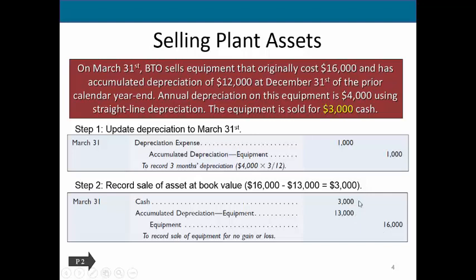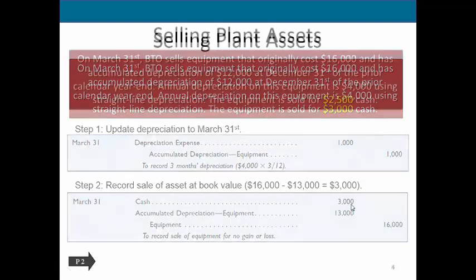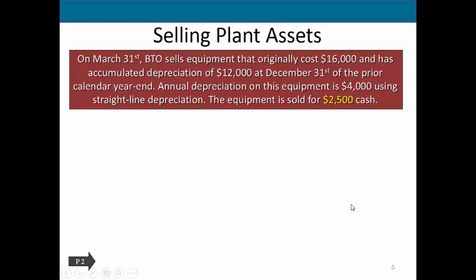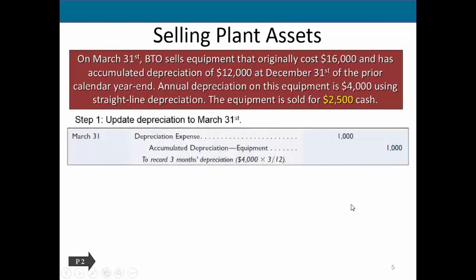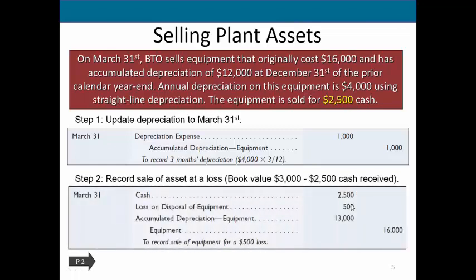So when we got cash of $3,000, we were paid exactly the amount of value that was left, so there was no gain or loss. But if we get less than $3,000, that means that we are getting less cash than the value that was left in that asset. So the difference between those is going to be the loss that we recognize of $500.